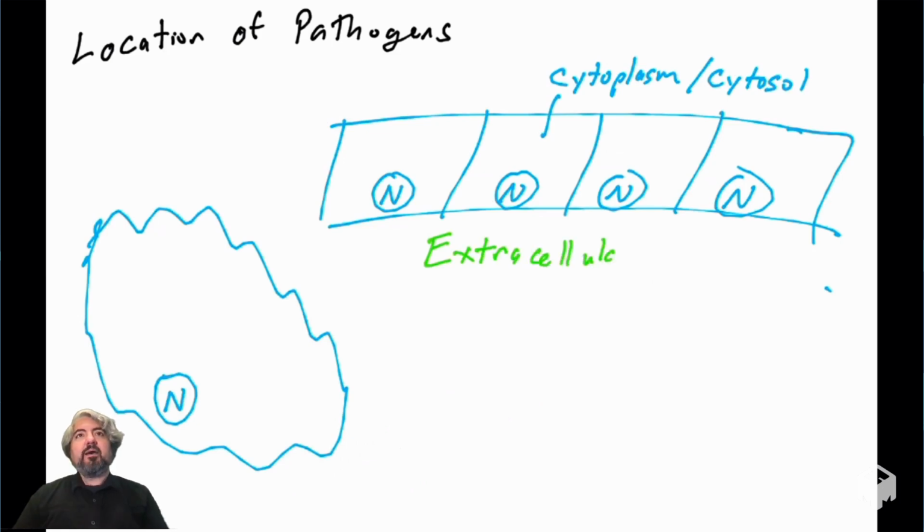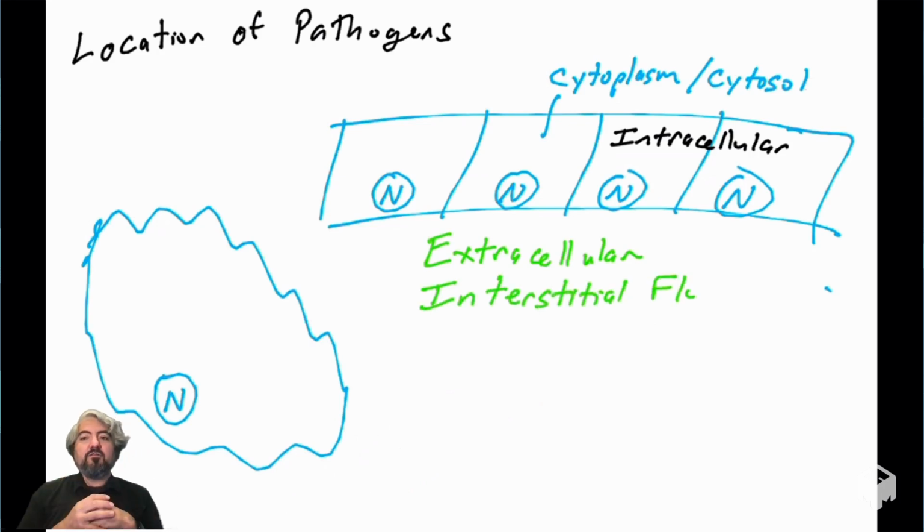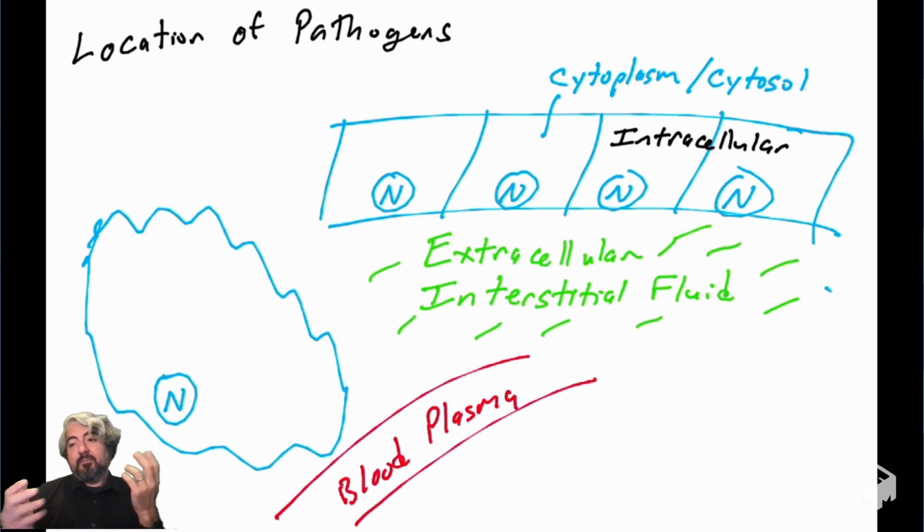And so when you're thinking about where a pathogen is found, I want you to start thinking about it in terms of, is it inside the cell, intracellular, or is it outside the cell, extracellular? Recall that outside of the cell, you find substances like fluids. Specifically, there could be interstitial fluid in tissues, that is between cells. You find the liquid portion of blood, that's the plasma, and that's outside of a cell.